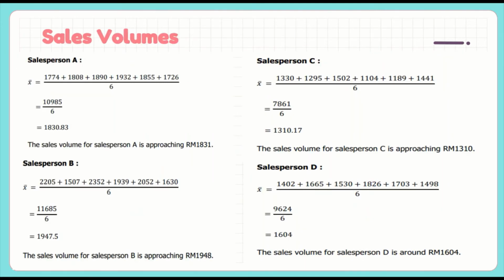So here we can see the sales volume for salesperson A is approximately 1,831 ringgit. Salesperson B is approximately 1,948 ringgit, while salesperson C is approximately 1,310 ringgit, and the sales volume for salesperson D is around 1,604 ringgit.